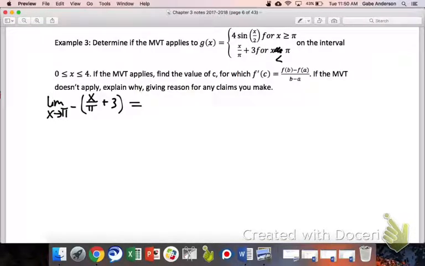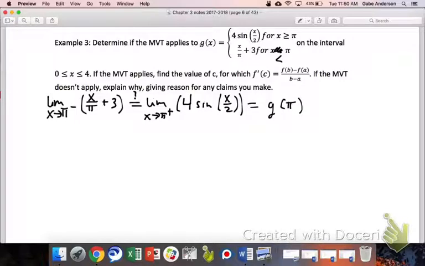And that hopefully equals the limit from the right. And that would be the sine. Such a beautiful question. This makes you think a lot. And that's supposed to equal g of pi. But wouldn't g of pi be the same thing as the sine graph? So I'm just going to write it as g of pi.